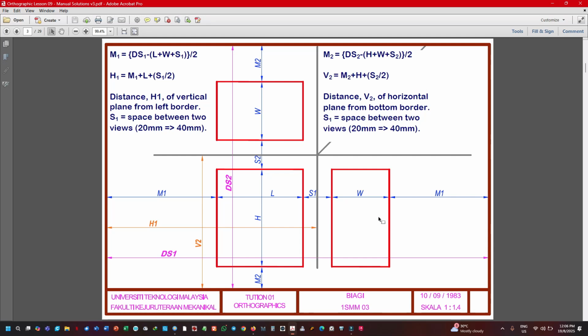Otherwise, you might end up with one of your views going out of the paper, so you cannot show this plan view fully. So this is very critical also, but most of the time, we do not have this problem.